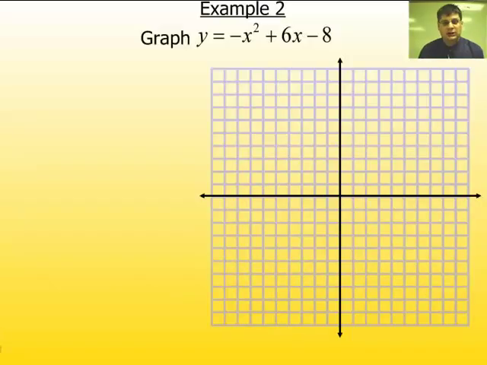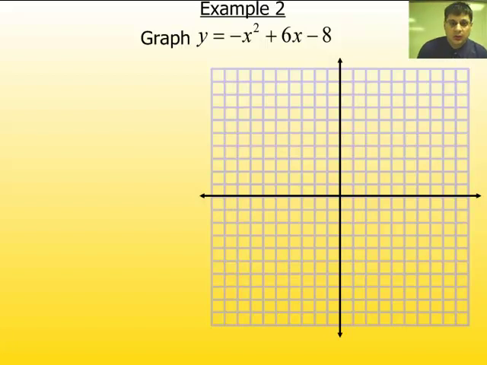Okay, so let's graph an equation in standard form, but let's take a different approach. Instead of just plugging in a whole bunch of points, let's take a slightly different approach.